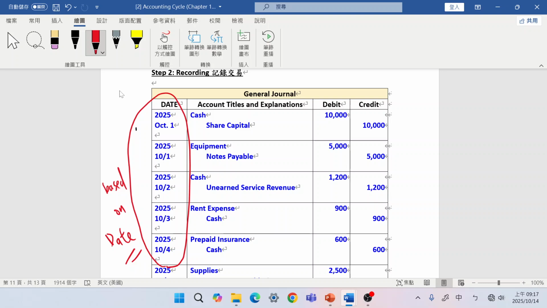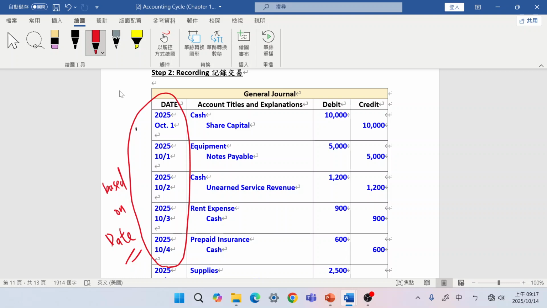Expenses, dividends, the opposite side with your equity. So expenses, dividends, increase, plus, on left, debit, decrease, minus, on right, credit, okay? So after you understand debit credit rules, then you know how we put the numbers on left, right, debit, credit, okay?